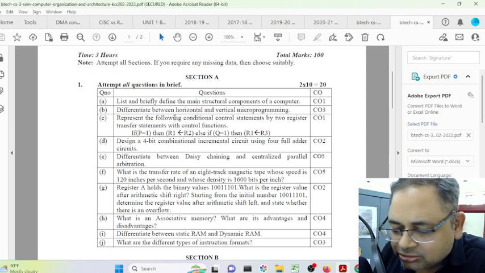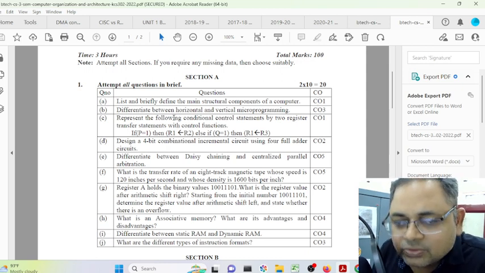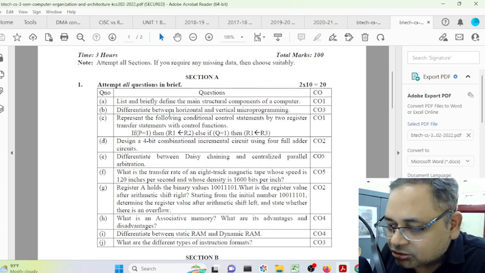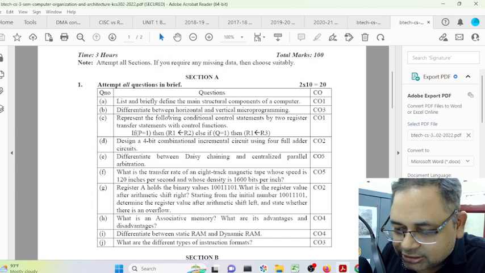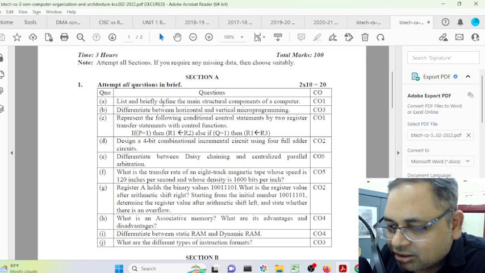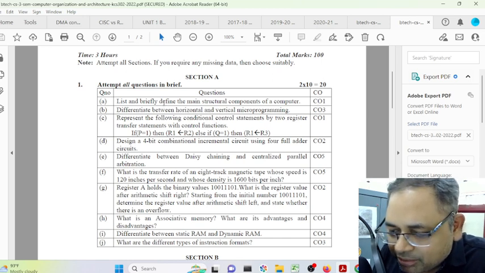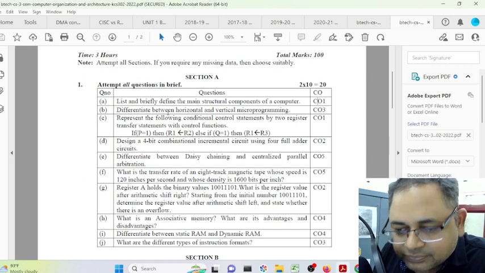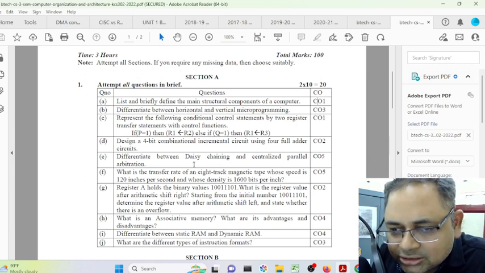That's a good proportion, that's logical proportion. Papers of AKTU are much better than the papers of other universities that I have seen. I have seen the papers of Punjab Technical University and some other universities, and those were very easy and normal papers, like the sessionals at college level. So one thing is this.